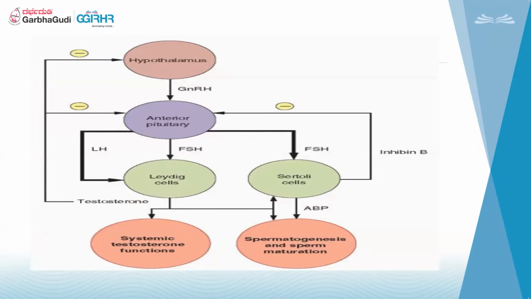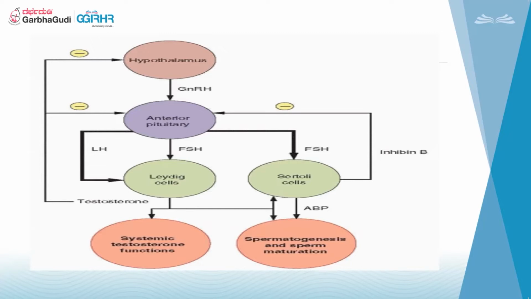Most of this testosterone enters the seminiferous tubules, where the concentration is 50 to 100 times more than in the blood serum. FSH acts on the Sertoli cells, which are responsible for nurturing the germ cells.